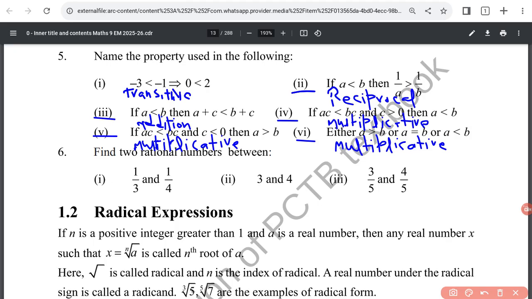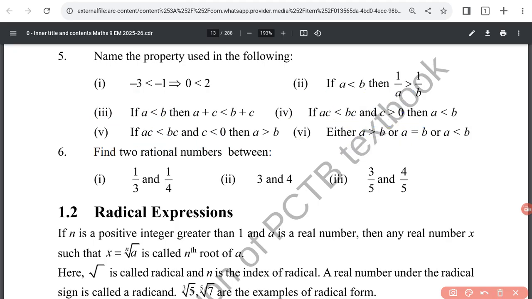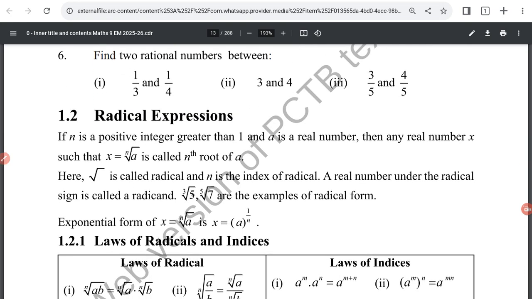Here in question 6 we have to find two rational numbers between the given numbers. So the first part of question 6 is we take the average of these two numbers.